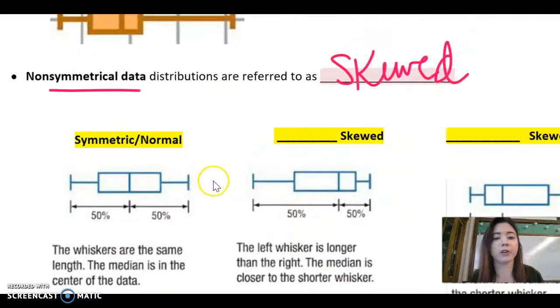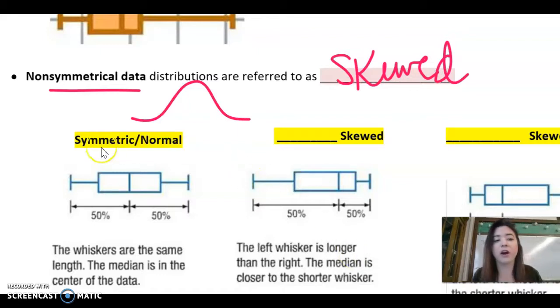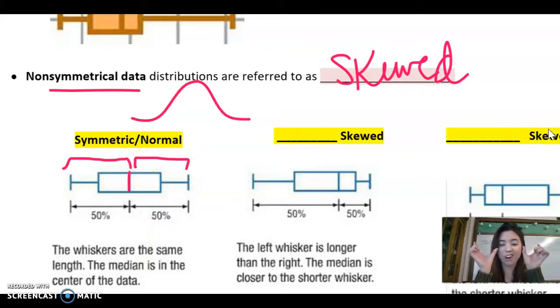For a symmetrical box and whisker plot, just like on a histogram, where we had a nice even bell-shaped curve, you're looking for that median line to be right in the middle, and both the lower half and the upper half of the box and whisker plot are identical, very, very even. We call that symmetric or normal data.